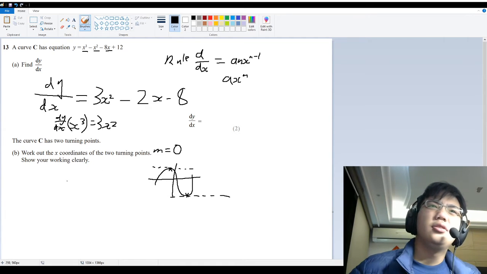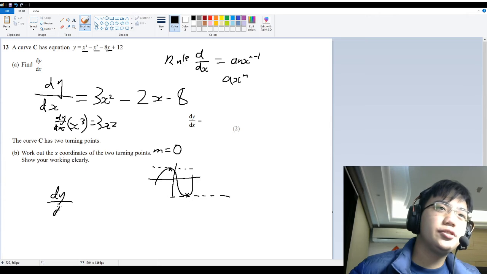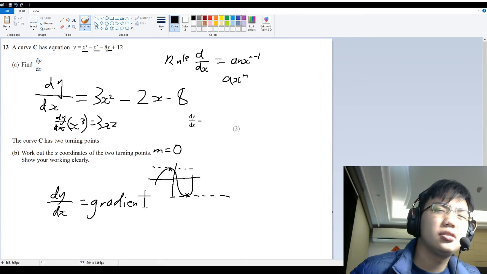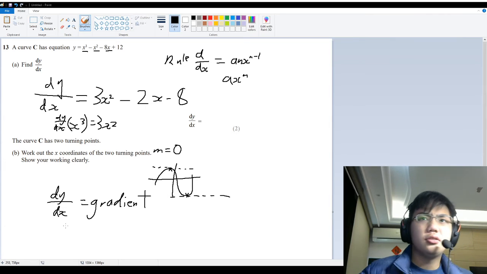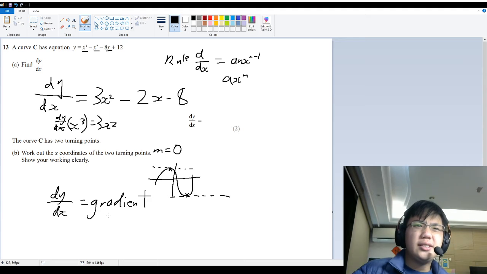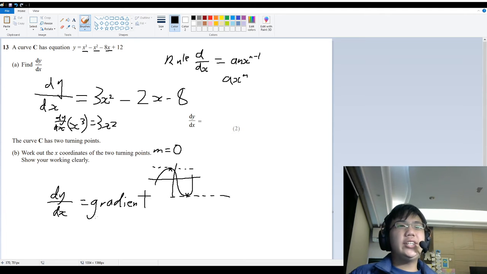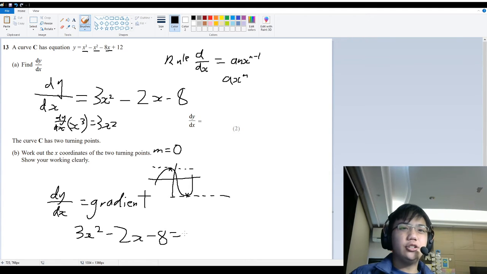So the derivative of an equation is an equation for its gradient. And since the gradient equals 0, to find the two turning points, we can solve 3x squared minus 2x minus 8 equals 0.